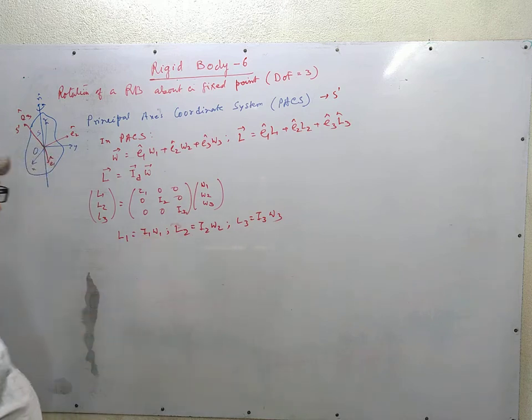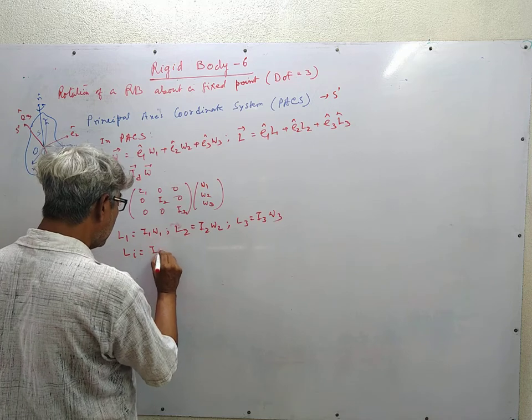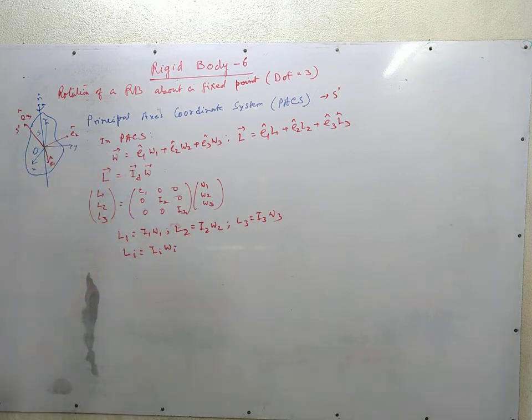So it is a very simple relation: Li is equal to Ii omega i. The cross terms are not there.